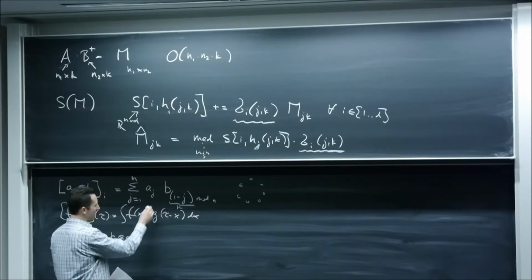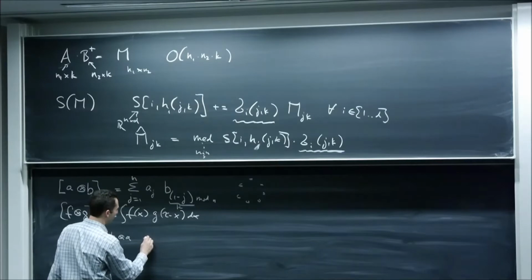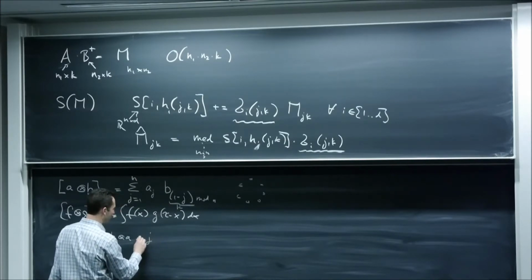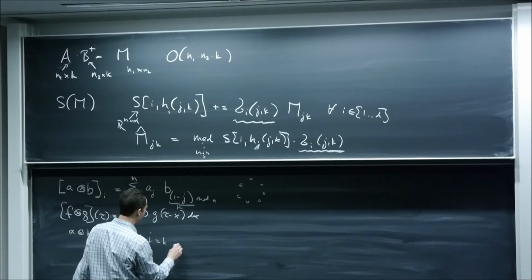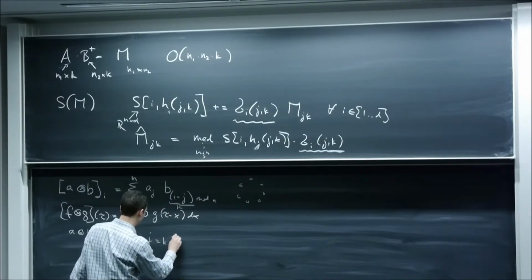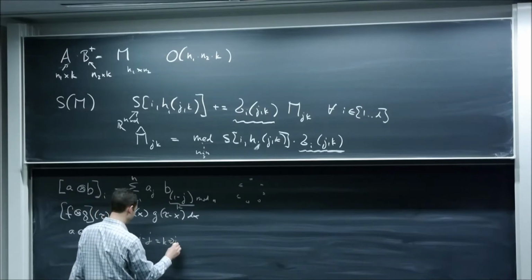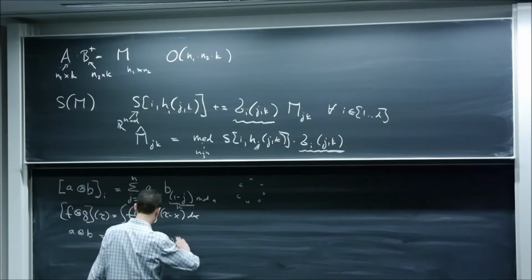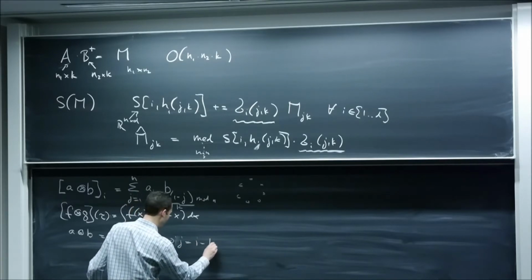From that it follows that if we have I minus j equals k, then j equals I minus k.